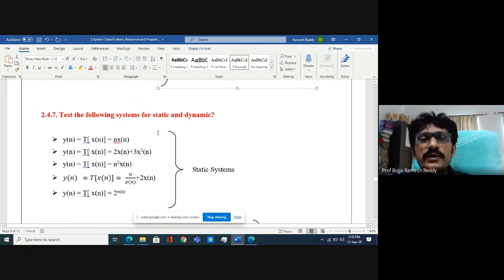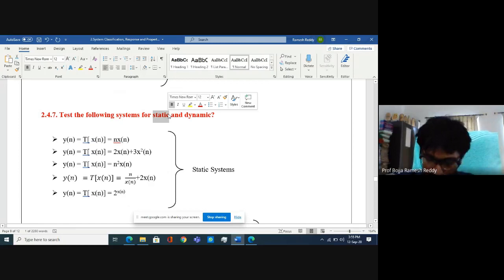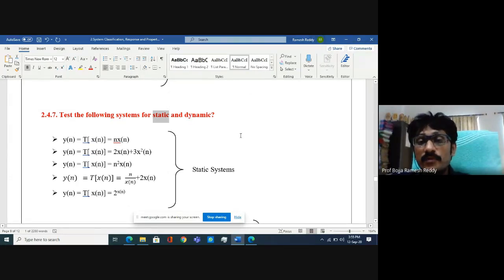Test the following systems for static and dynamic. I already told you, static systems are called memory-less systems, and dynamic systems are called memory systems.